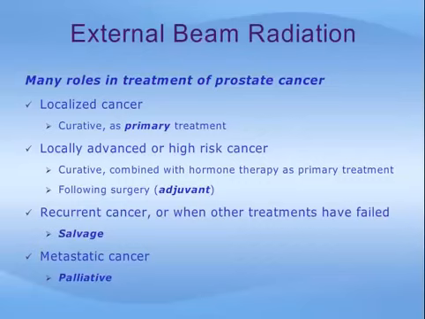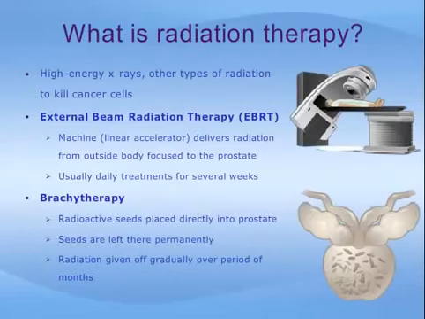It may also be used in this setting after surgery, called adjuvant therapy. Sometimes cancer can recur or persist after other treatments, and external beam radiation can be used in these settings also, as so-called salvage treatment. Finally, for metastatic cancer, it can be used selectively to slow the growth of tumor deposits that may be causing pain or other problems. This is called palliative treatment.